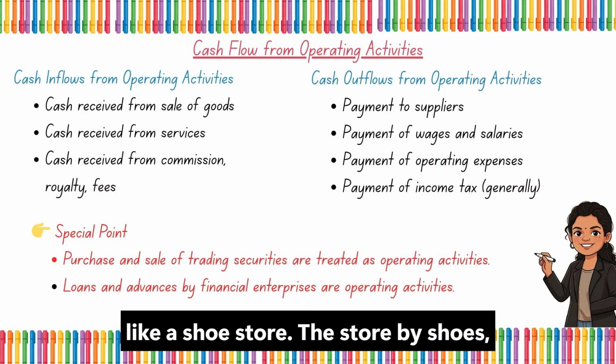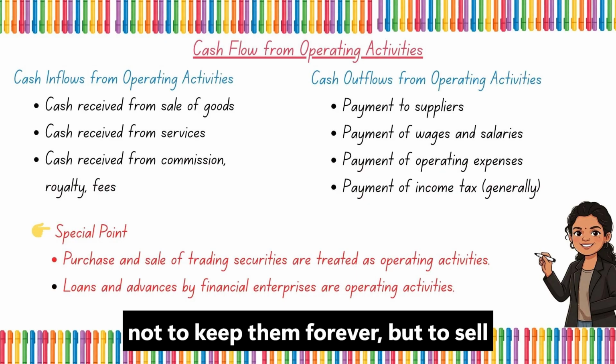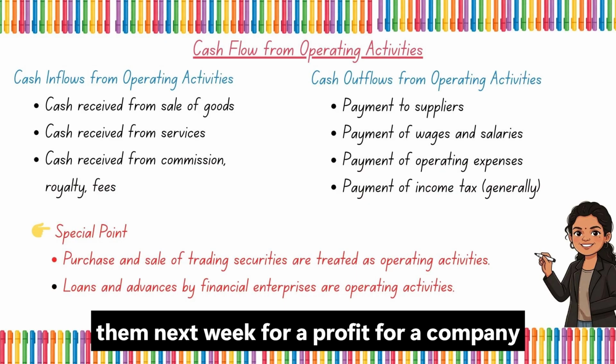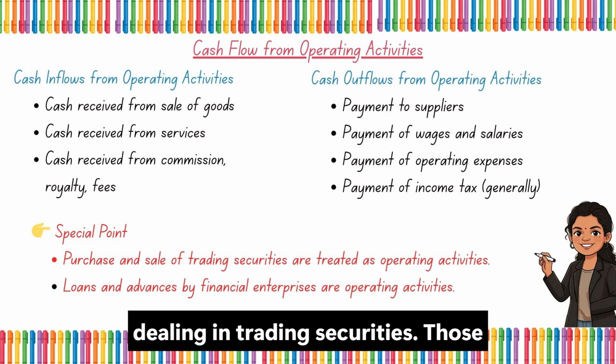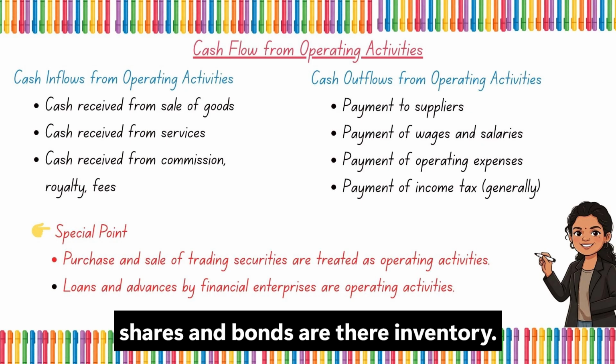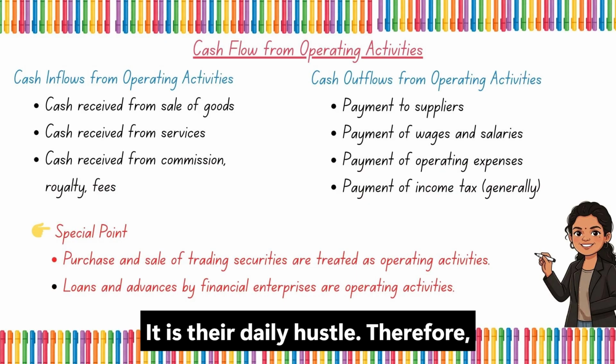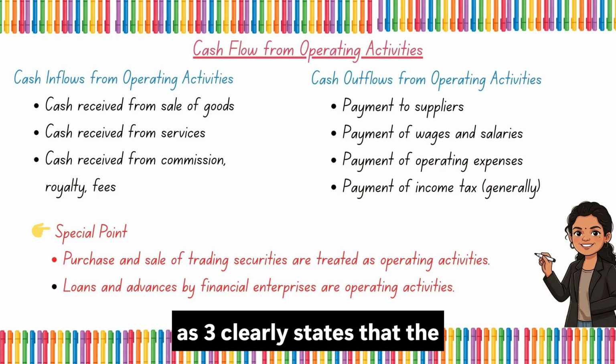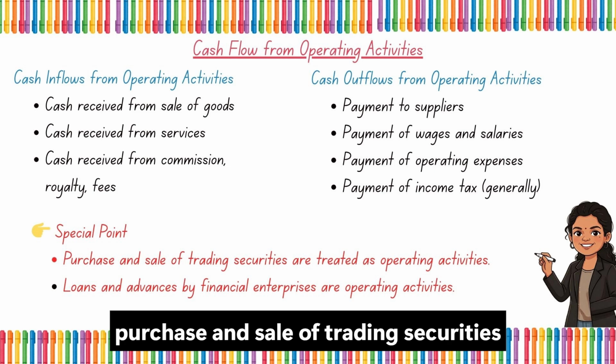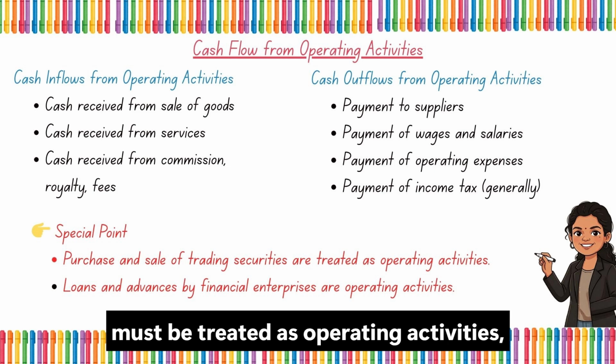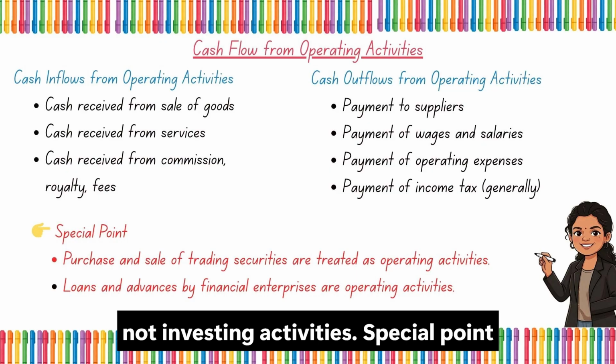The store buys shoes not to keep them forever, but to sell them next week for a profit. For a company dealing in trading securities, those shares and bonds are their inventory. It is their daily hustle. Therefore, AS 3 clearly states that the purchase and sale of trading securities must be treated as operating activities, not investing activities.